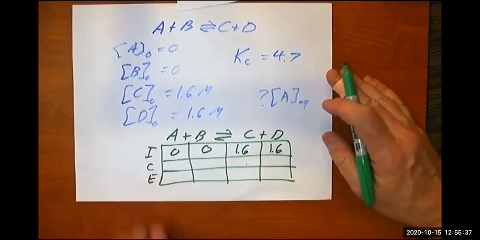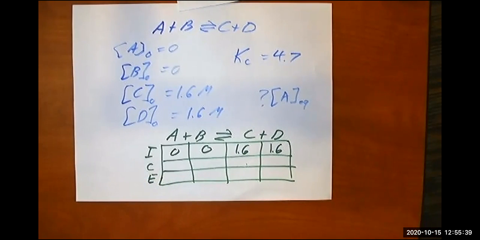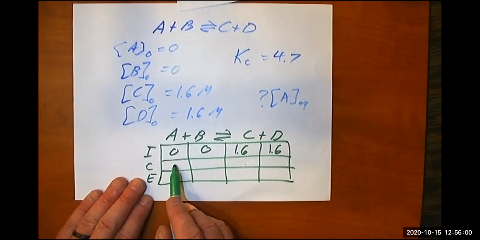Now, which side should have the positive x's and which side should have the negative x's? The reactant should have negative x's, which would mean that we take 0 minus x gives us a negative concentration.